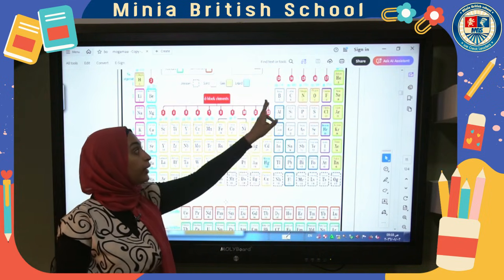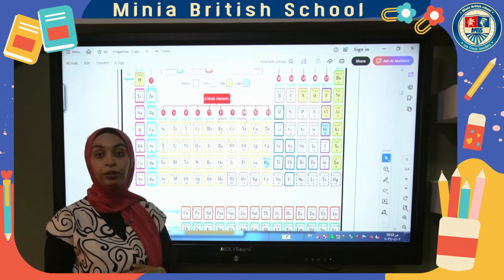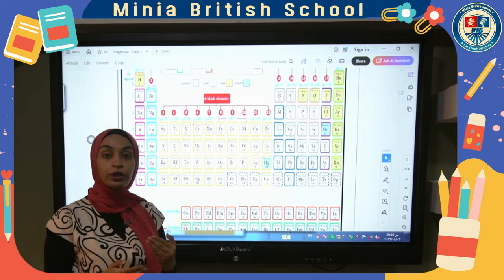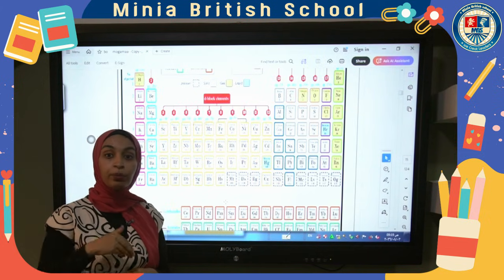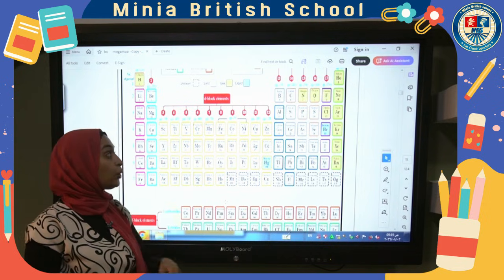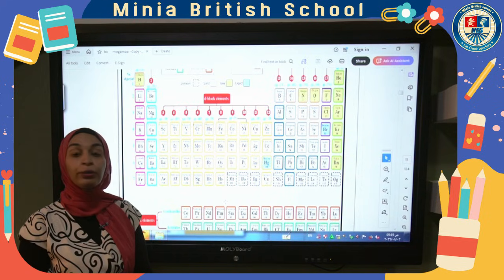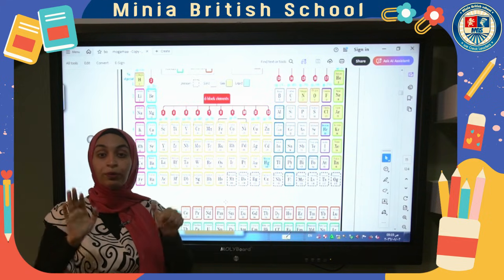So we can find that inside the P block there are metals like aluminium, there are non-metals like oxygen, nitrogen, there are halogens which are iodine, bromine, chlorine, fluorine. Also we have the inert gases. What are the metalloids here? There are 6 metalloids and you have to keep all of them.